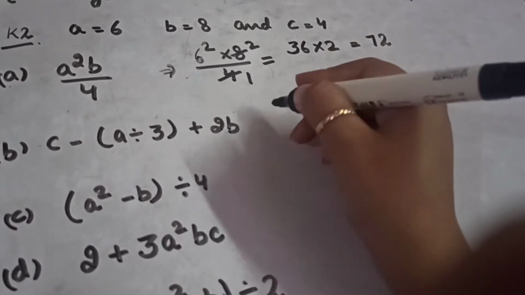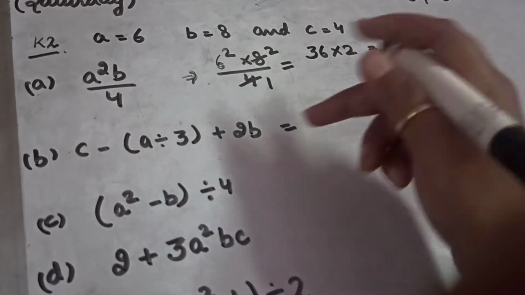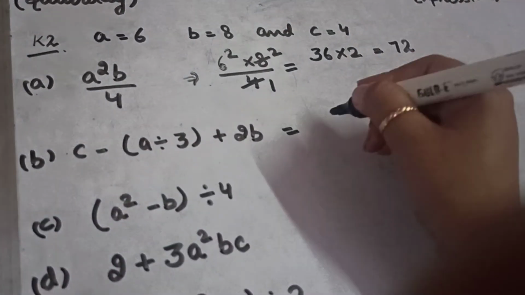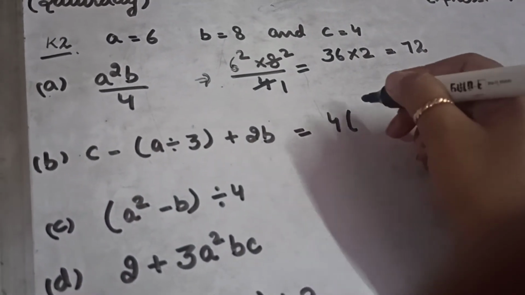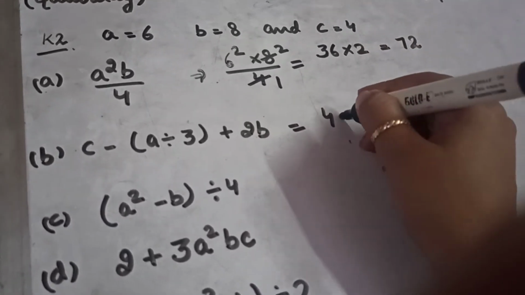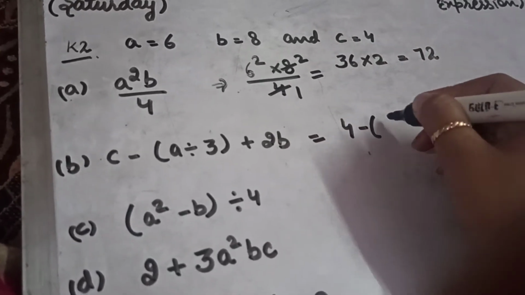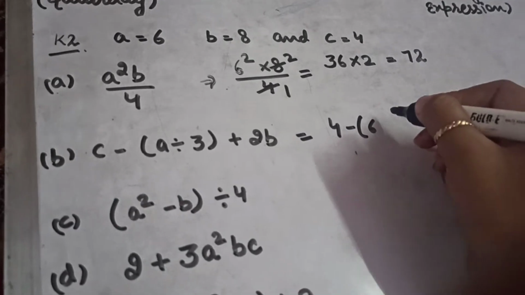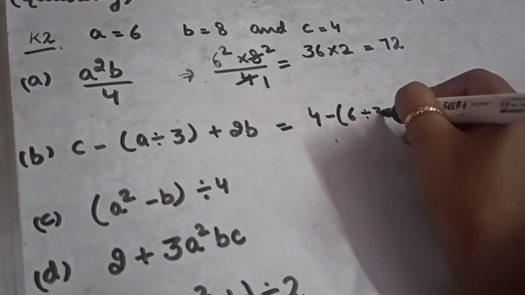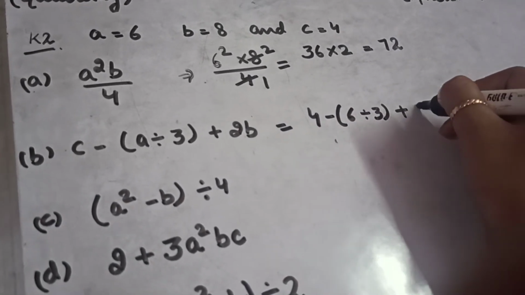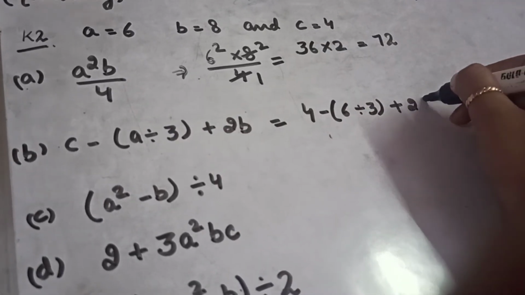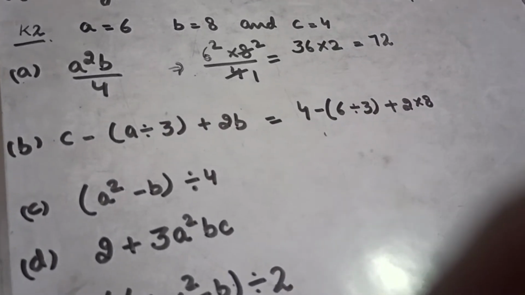Right? Now come to the B part. The value of c is 4, minus here first. Then e, 6 divided by 3, plus 2 b, means 8. Right?